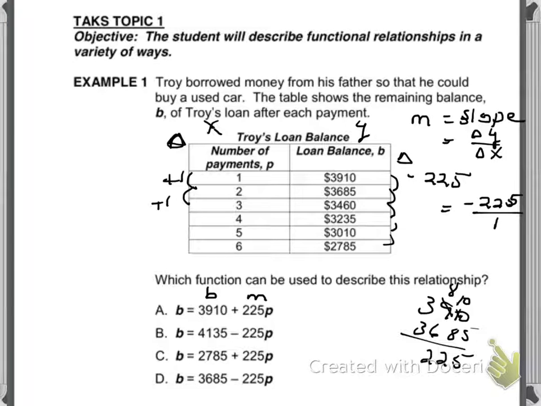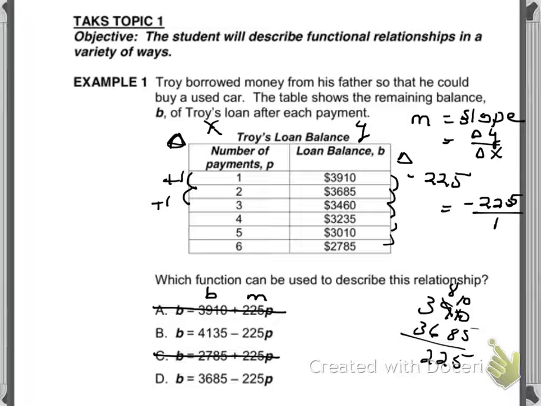Okay, so we can see right away, we can eliminate A and C because those have a positive slope, and we would need a negative slope.